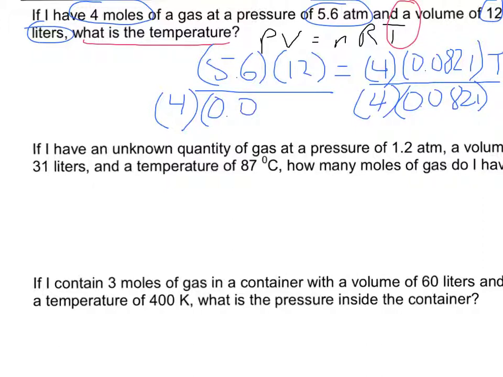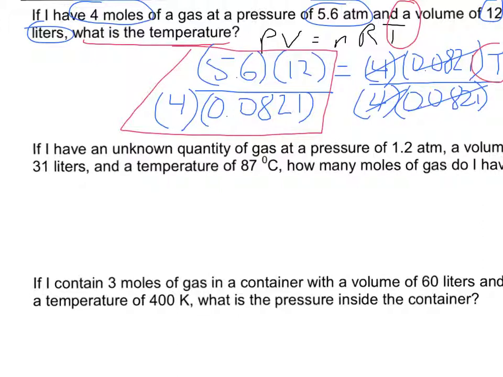You may have a different style, and if you get the right answer with your style, use it. My style is to isolate the variable T. I want T by itself, so here's my T. And now all I have to do is put these numbers in on my calculator, and I'll get the answer.